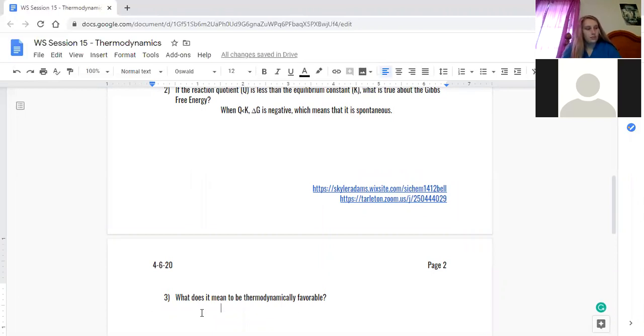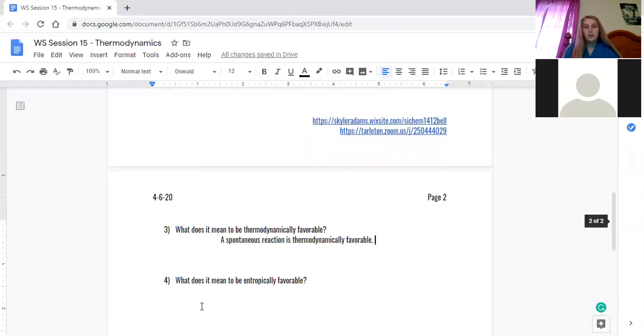So if it's thermodynamically favorable, then it's going to be spontaneous, is what that means. So we put a spontaneous reaction is thermodynamically favorable. And that's what makes it spontaneous, it's favorable to occur. If it's not favorable to occur, then it's going to be non-spontaneous.